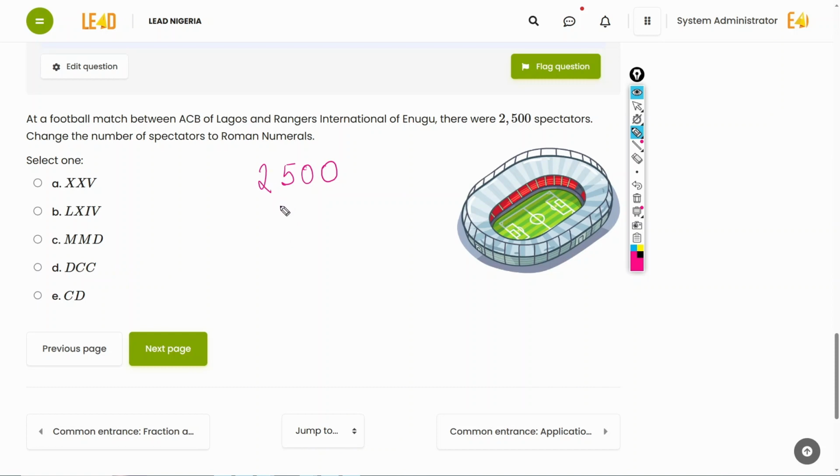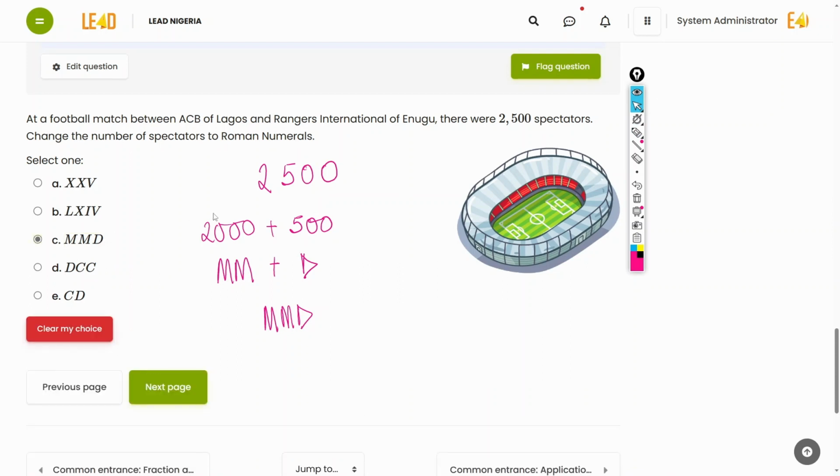First, you write this number in expanded form, which would be 2,000 plus 500. 2,000 in Roman numerals is MM, and 500 in Roman numerals is D. So the answer is MMD. That's option C.